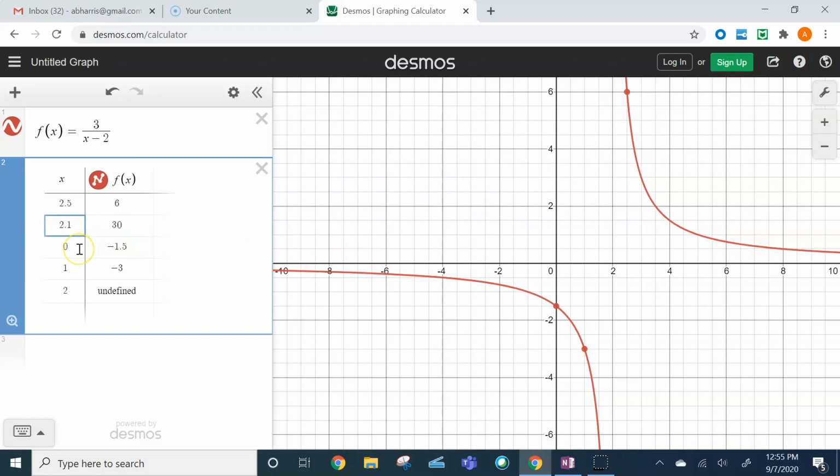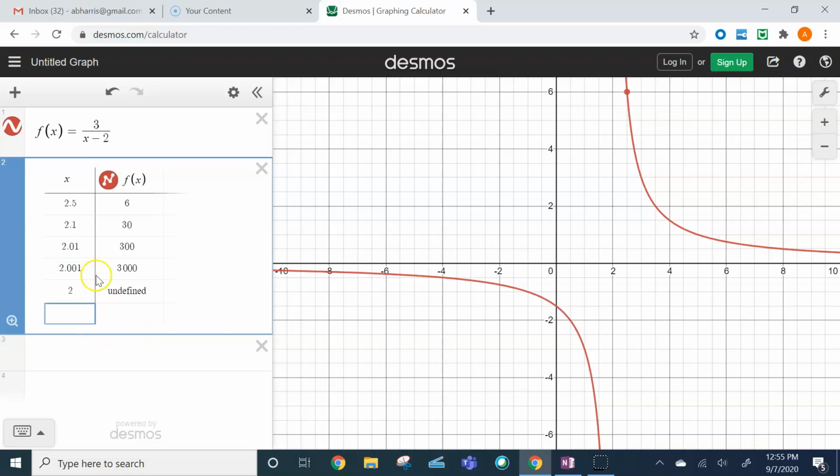Shooting up. Let me pick another x value even closer to 2, 2.01, and it's way high at 300, and then 2.001, now we're clear up at 3,000. Of course, at 2 we know it's undefined. That's that vertical asymptote. So this thing is shooting way up as we approach it from the right.